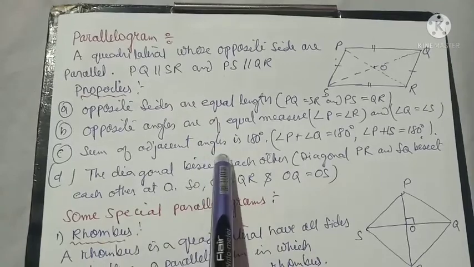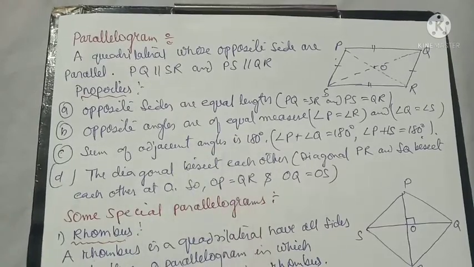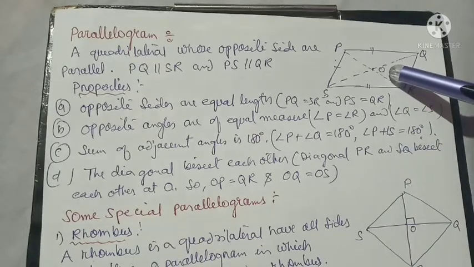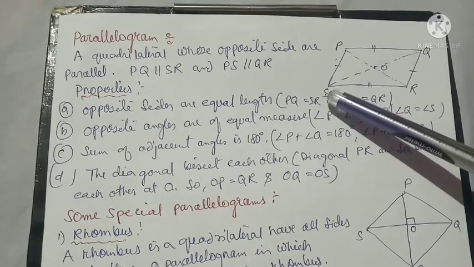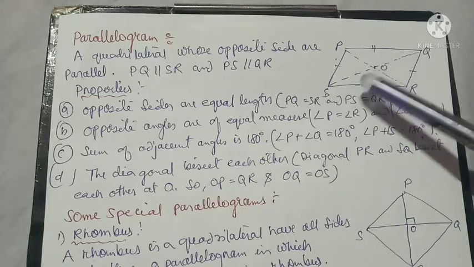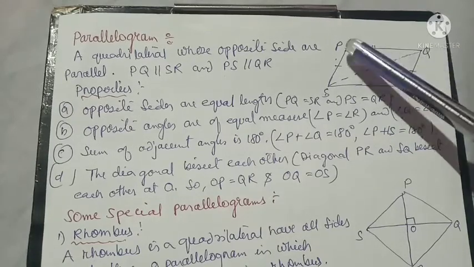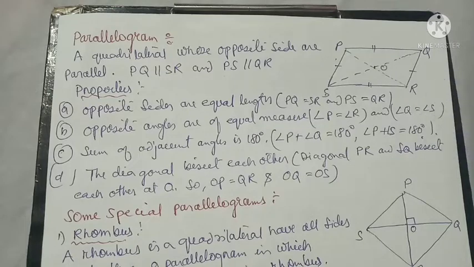The sum of adjacent angles is always 180 degrees. Diagonals bisect each other at the point O, so SO and OQ, PO and OR are equal in length. So these are the three types of quadrilateral that we have discussed. The first one is trapezium, the second is kite, the third is parallelogram.